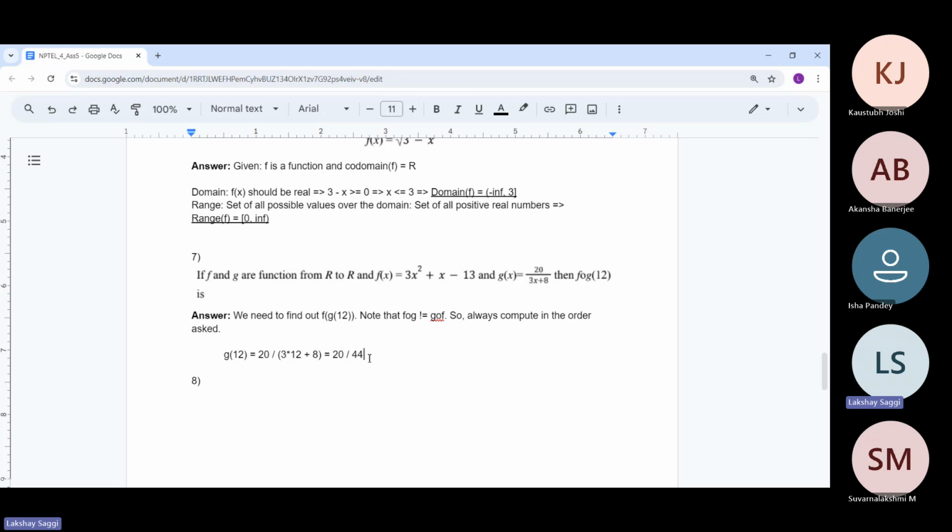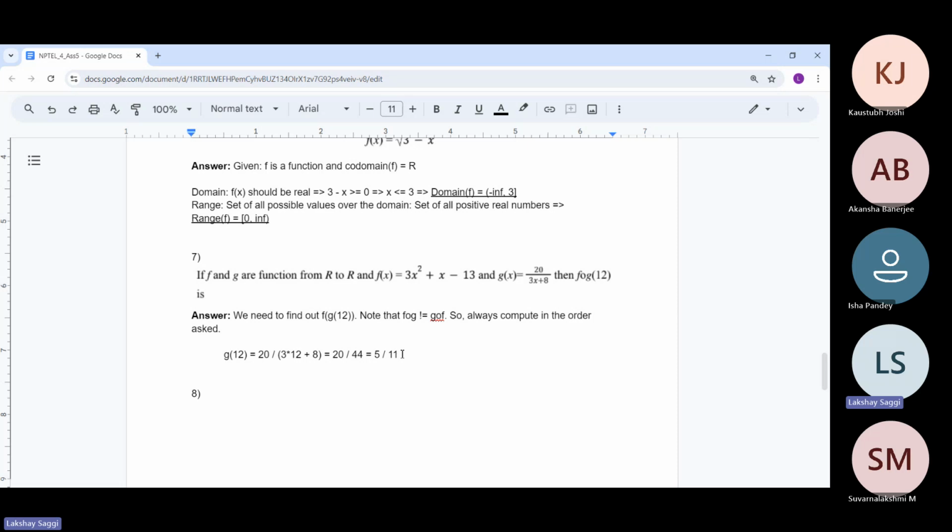So this will be 20 by 44, and simplifying, this will be 5 by 11. So g of 12 comes out to be 5 by 11.